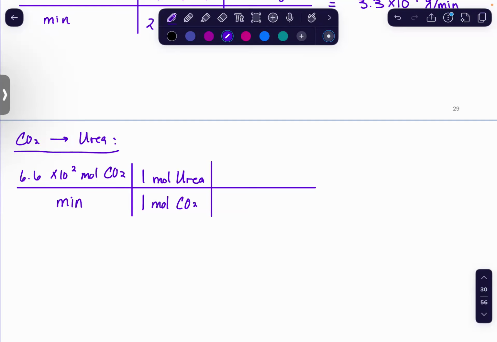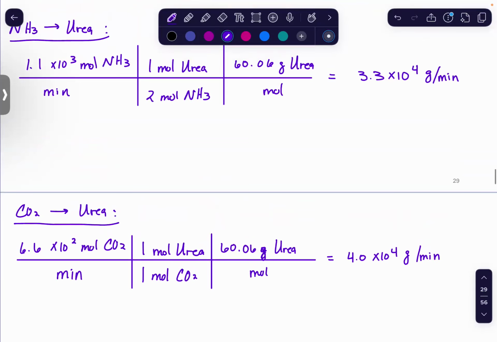And then our urea is 60.06 grams per mole. This is going to give us 4.0 times 10 to the fourth grams of urea per minute. Now you notice that the ammonia produces less urea per minute. So our answer to this problem is the 3.3 times 10 to the fourth grams per minute because ammonia is the limiting reactant.